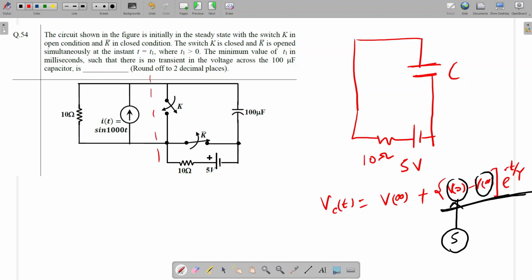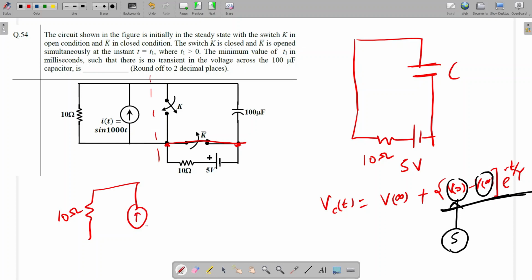We can write it as a function of time. The below part is connected at the same point, so this can be avoided. This is shorted, meaning this point and this point are connected together. So the circuit we can draw as 10 ohm.